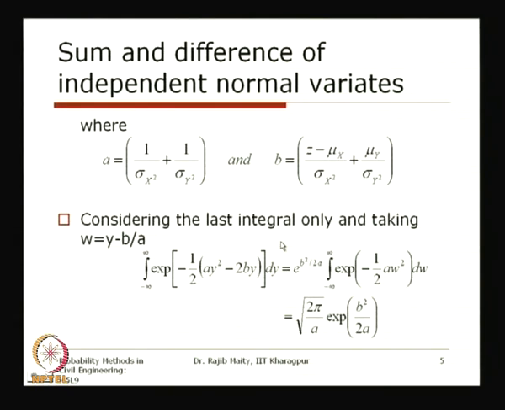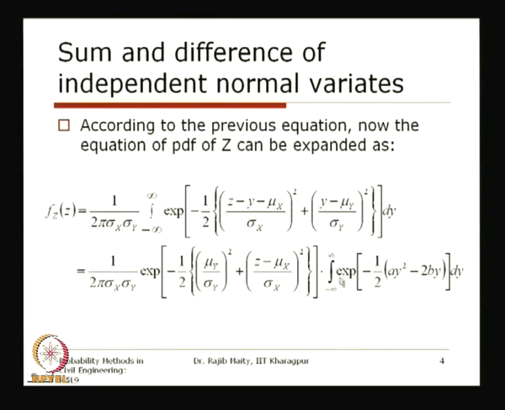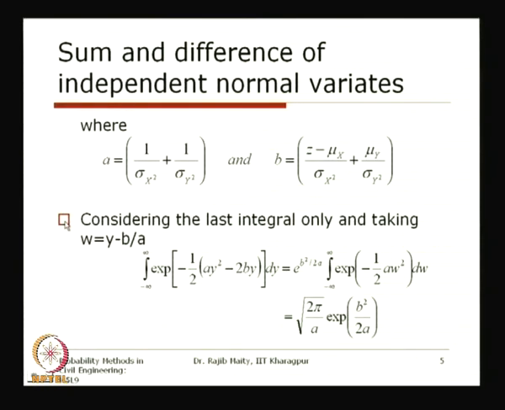Now, for this integration, if we do some substitution, like w equals 1 minus b by a, and do the integration, we finally get this form: square root of 2 pi by a, exponential of b square by 2a. If we put this in place of the integration here, then what is the total form we get for the distribution of f_Z, which is our interest?